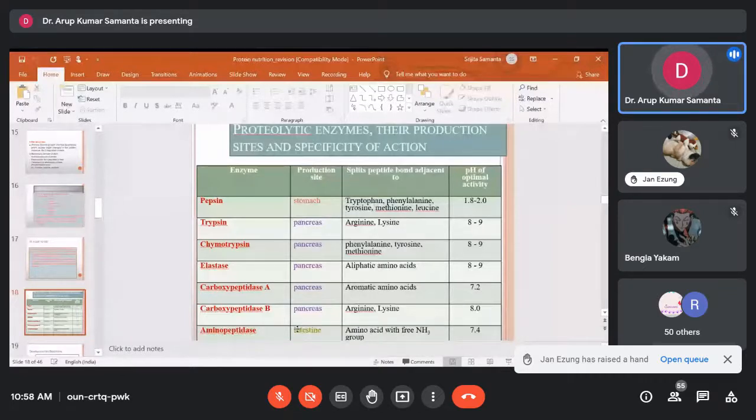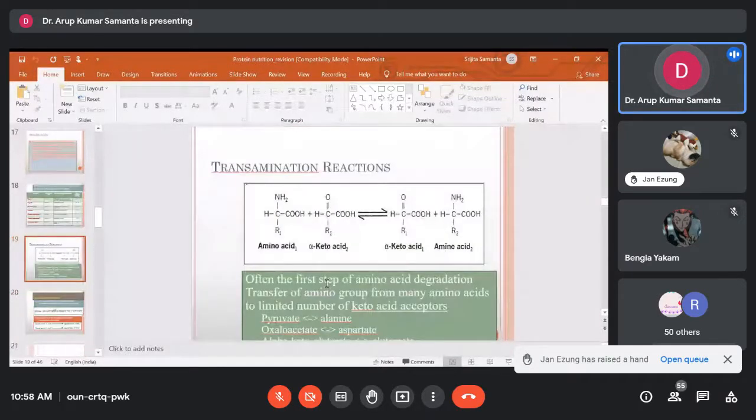Another important aspect of amino acid metabolism: there are two reactions. One is the transamination reaction, another one is the deamination reaction. In transamination reactions, the amino group is exchanged between amino acids and keto acids. So amino acids will be converted to keto acids and keto acids will be converted to amino acids.